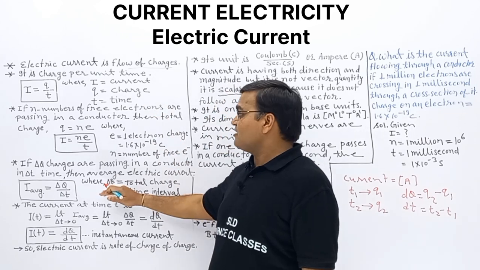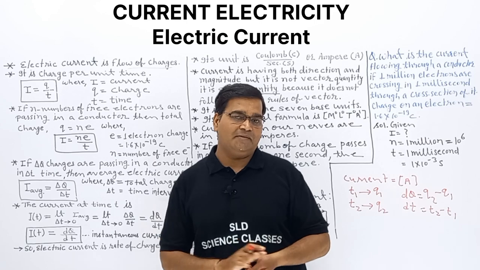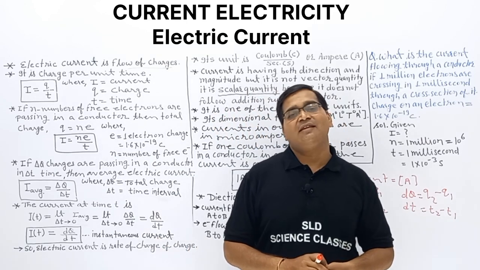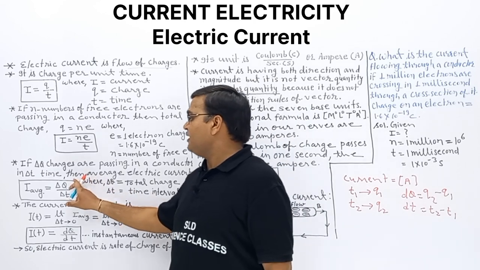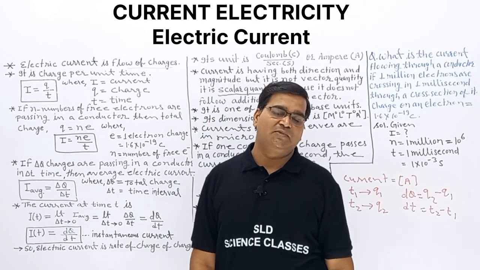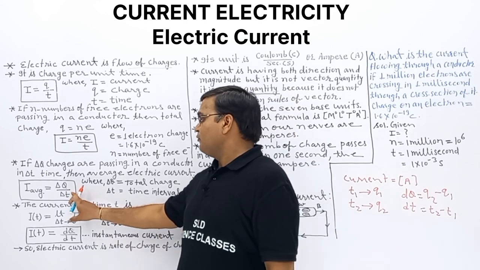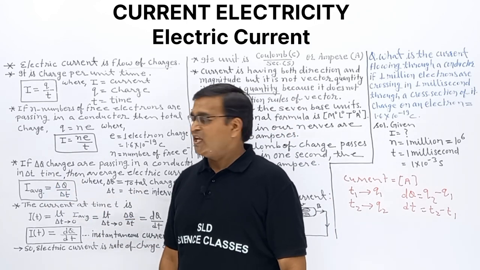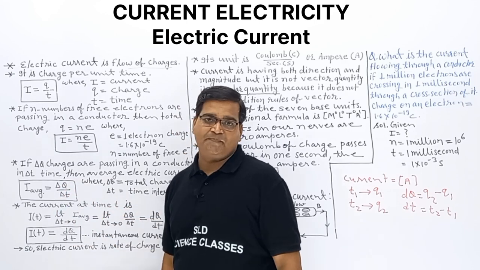After this, we are discussing average current and instantaneous current. Average current will be total charge upon time interval, where total charge is delta Q and the time interval is delta t.